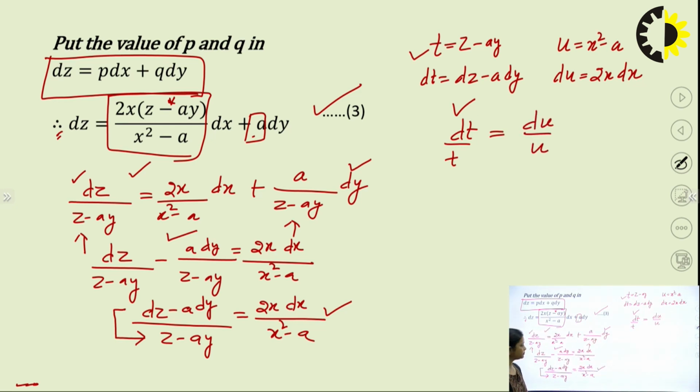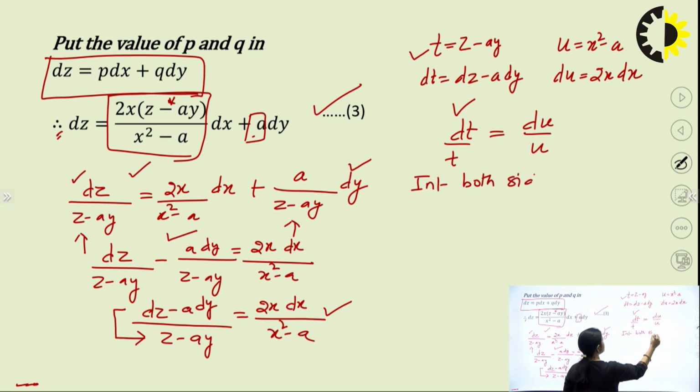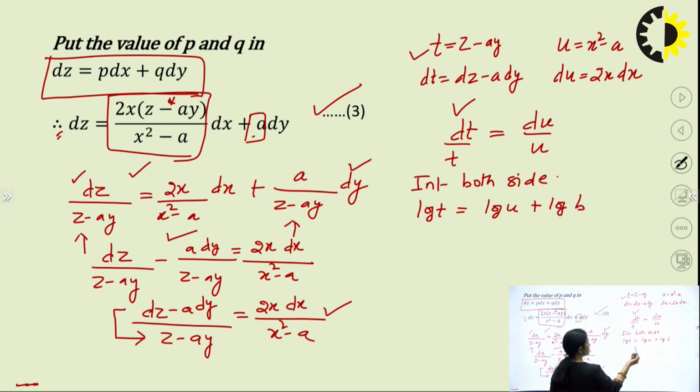Now you can see by all these calculations that we can solve the equation just by direct integration. So just integrate both sides. What will we get? Integration of 1 upon t will be log t, equal to log u plus the constant of integration log b.